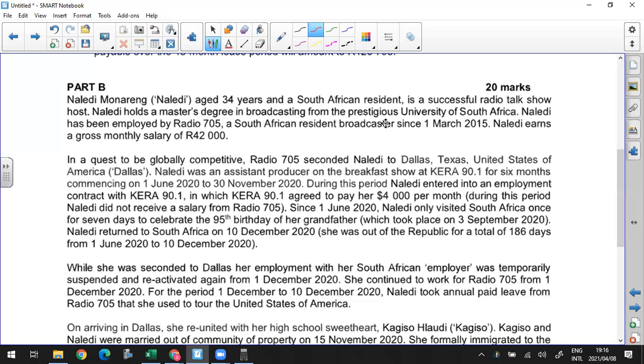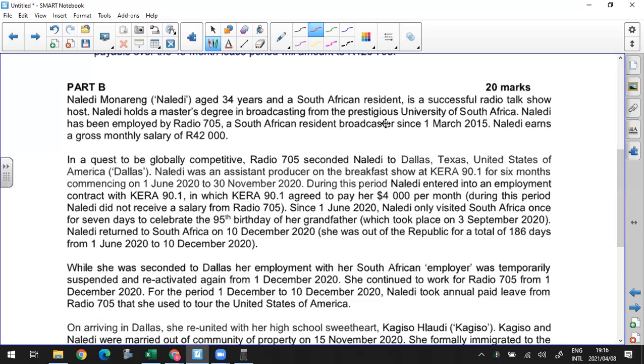During this period, Naledi entered into an employment contract and agreed to pay $4,000 per month. Since 1 June 2020, Naledi only visited South Africa once for 7 days to celebrate the 95th birthday of her grandfather, which took place on 3 September 2020. Naledi returned to South Africa on 10 December. She was out of the Republic for a total of 186 days.